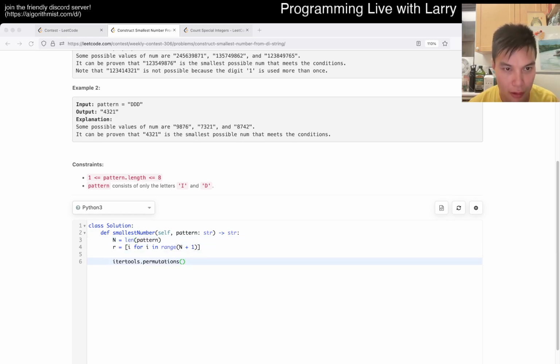And then permutations of, I guess just range n plus 1 really.